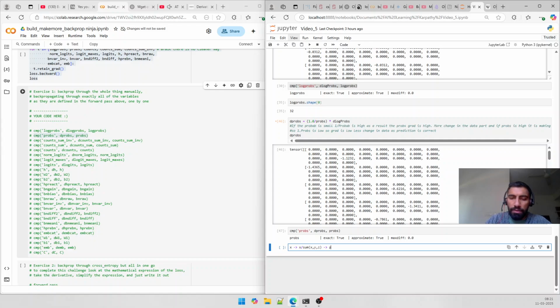And that's what is giving us the probs. So as of now, we have calculated how the loss is changing with respect to probs.